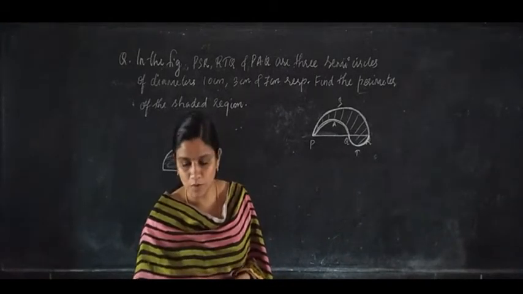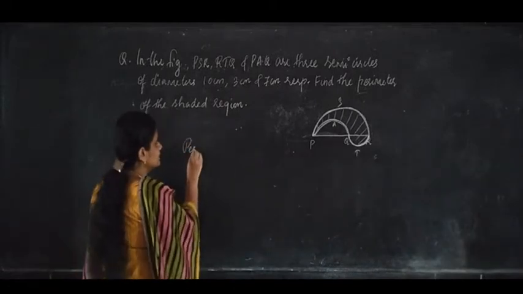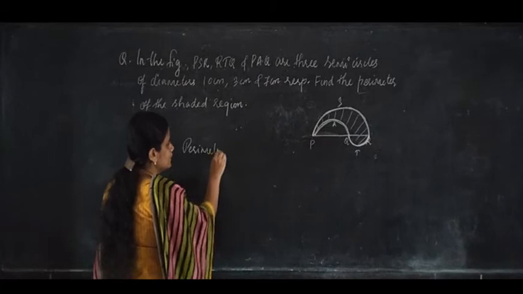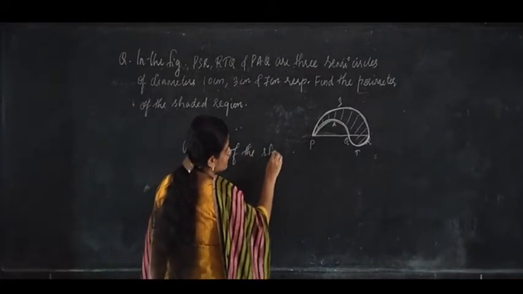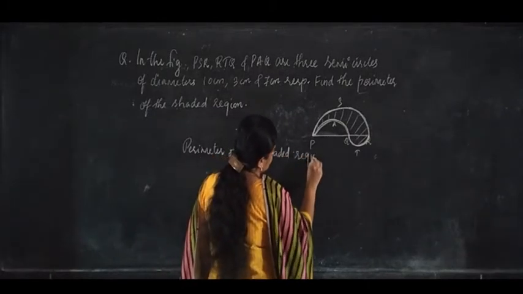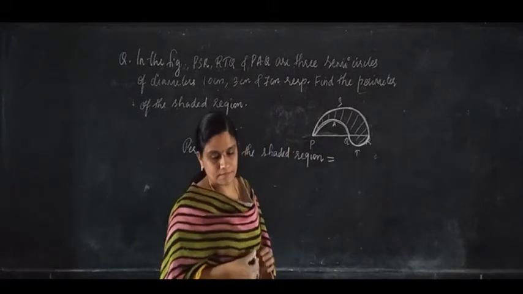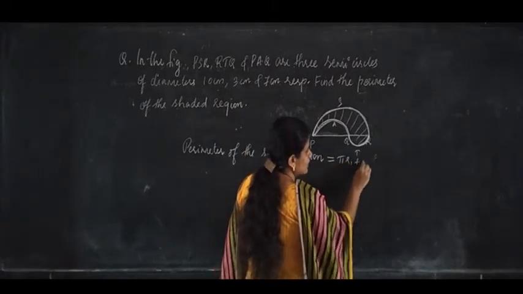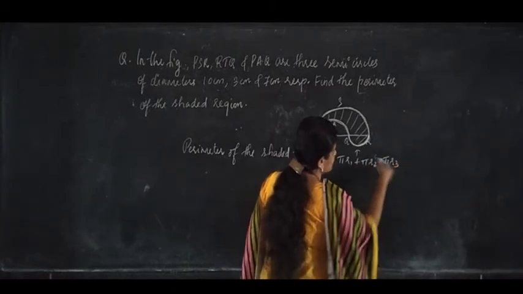Is it clear? Okay. Now how can we write? Perimeter of the shaded region is equal to pi R1 plus pi R2 plus pi R3.